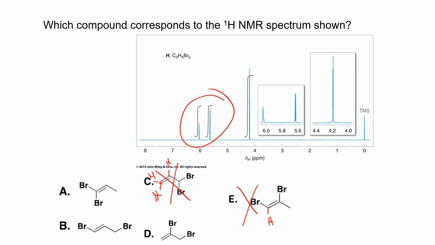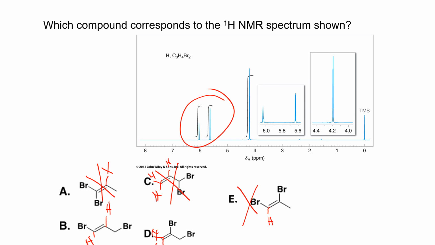Here I have only 1, so not. And here I have 2, but these are kind of very similar. The answer to the problem is these 2, which are actually diastereotopic. They look different, but you may be in between those 2 being different.